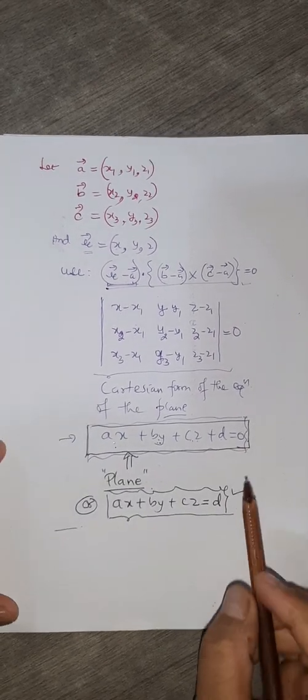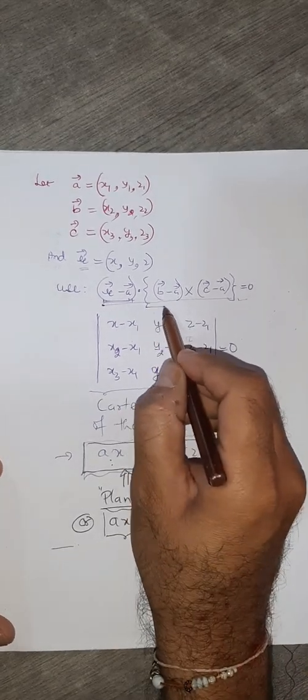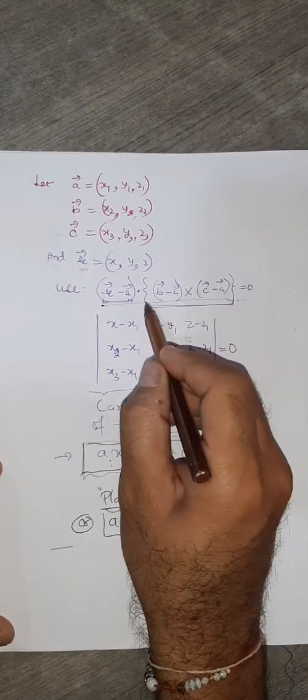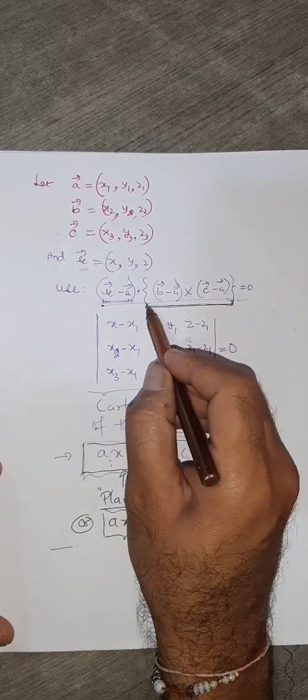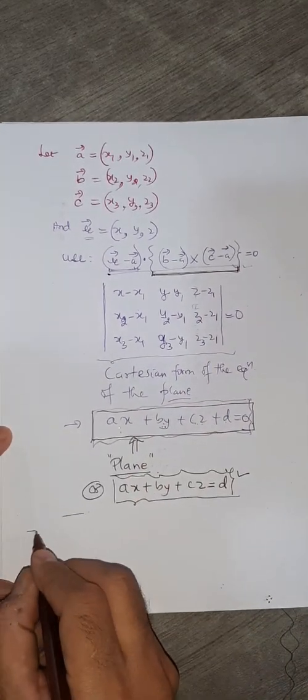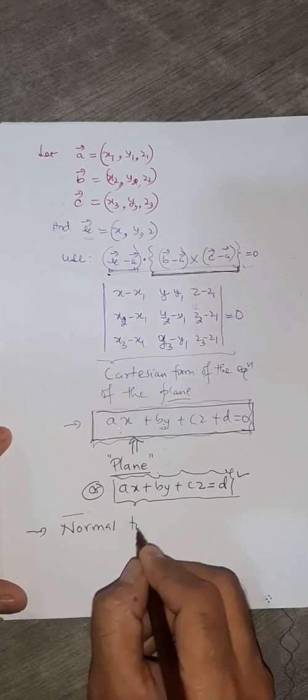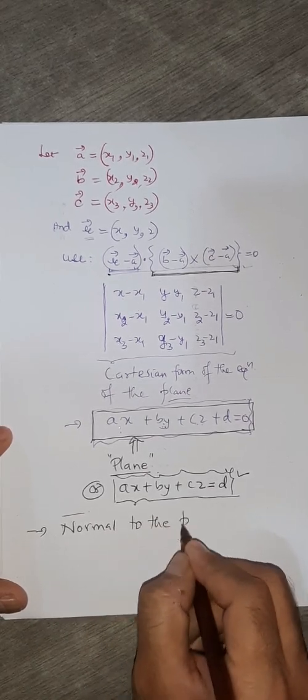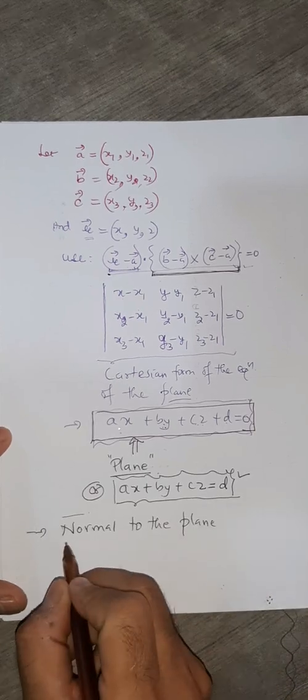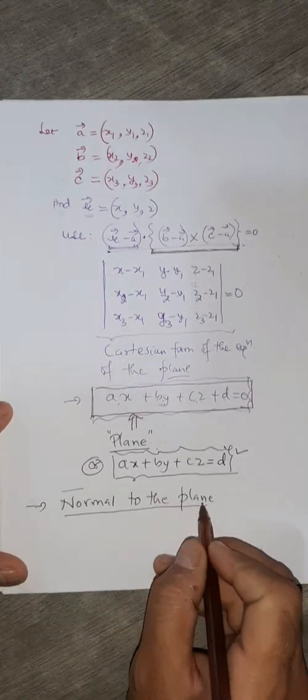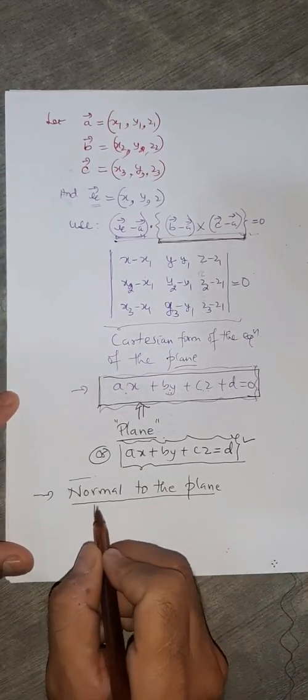Now in this form, you know that this is one vector which is perpendicular to every vector of the plane. So sometimes this is called the normal to the plane. What's a normal to the plane? That is a vector which is perpendicular to every point of the plane.